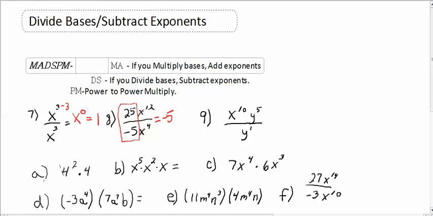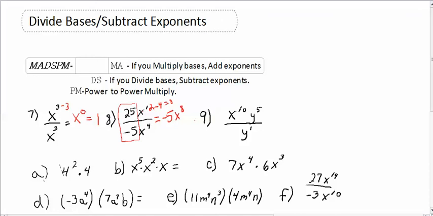So 12 minus 4 is 8. So it's going to be x to the 8th power.